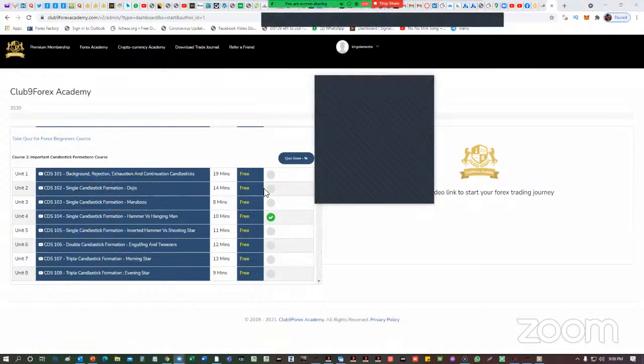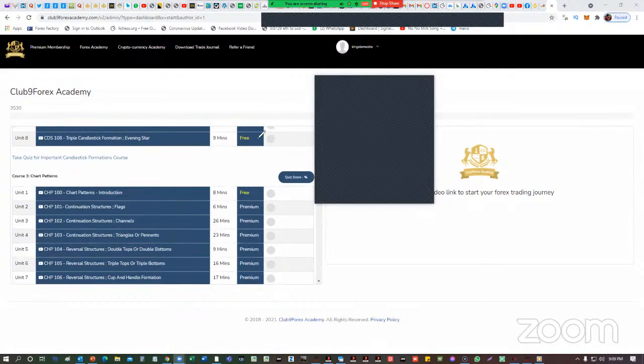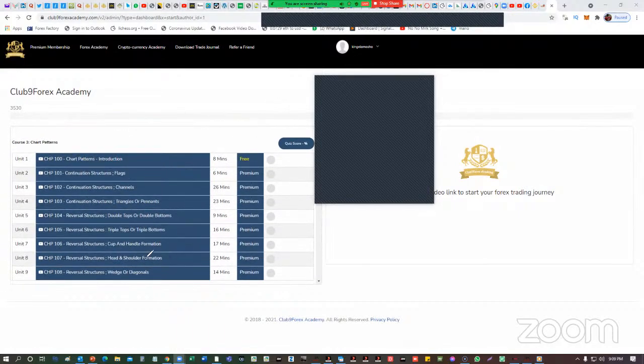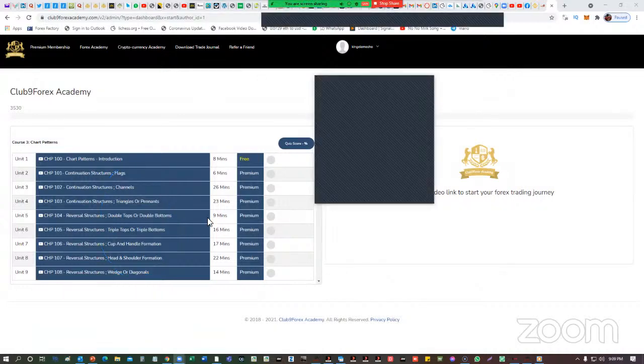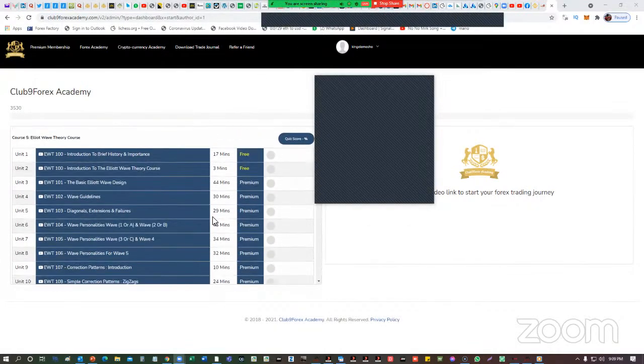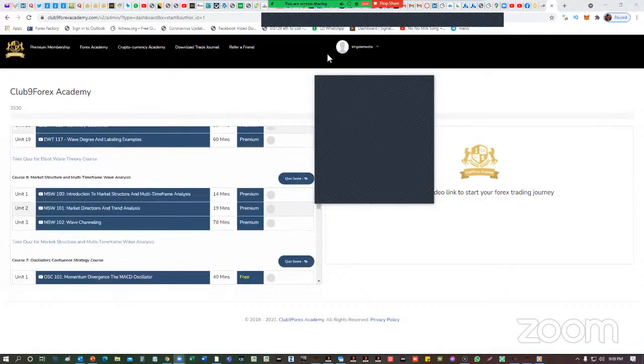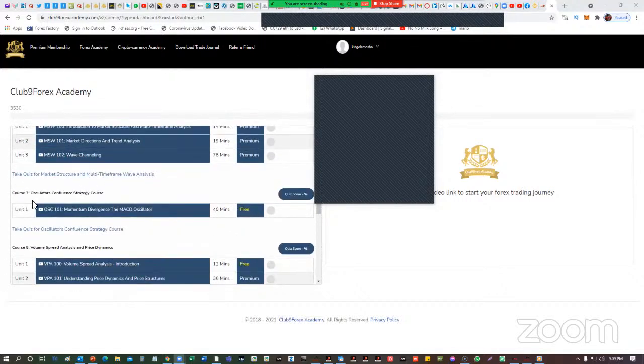And then the chart patterns, the first one is free, but the other ones are not free. But I'm going to be mentioning them tomorrow so that we have a good understanding of what they are and the most important role that we need to focus on. And then if you scroll down, you'll see oscillator confluence strategy, momentum divergences, this one right here is also free.